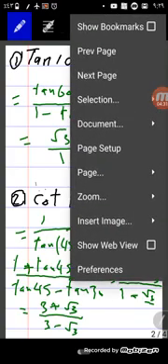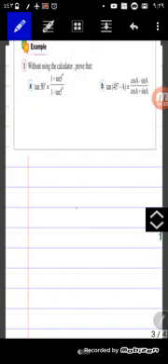Another example. Without using a calculator, prove that tan 50 equals 1 plus tan 5 over 1 minus tan 5.